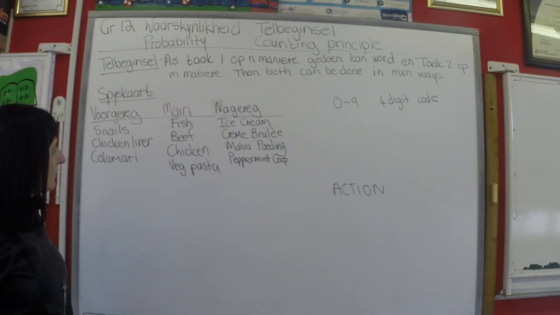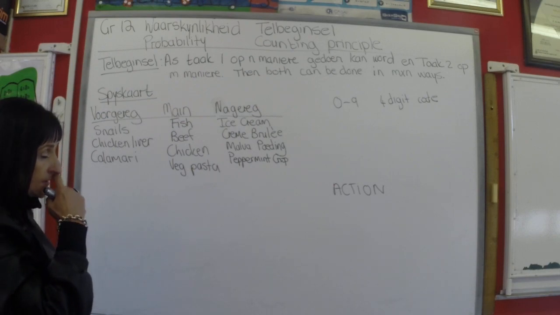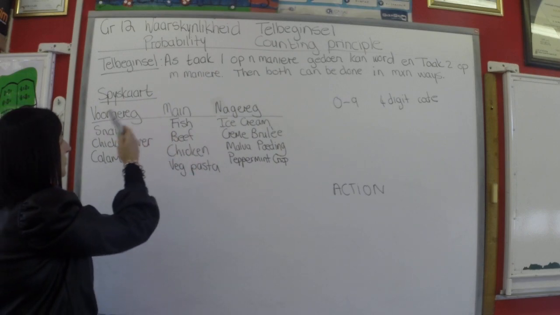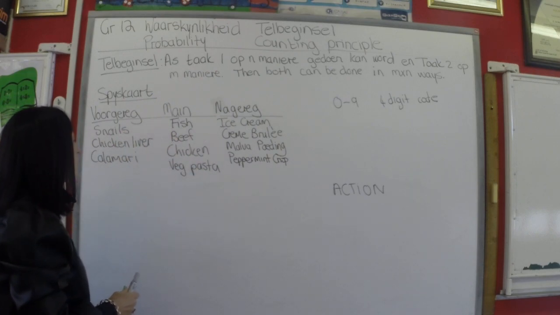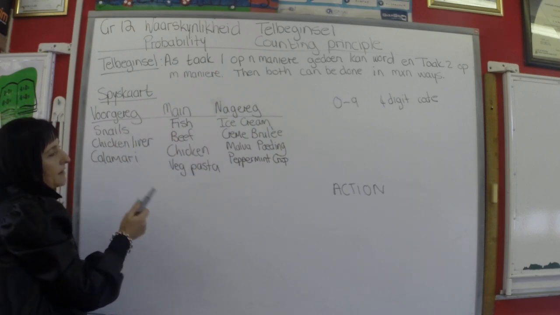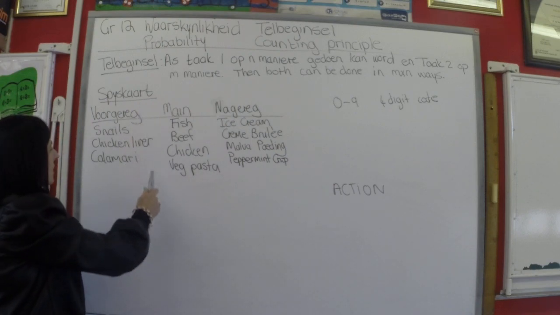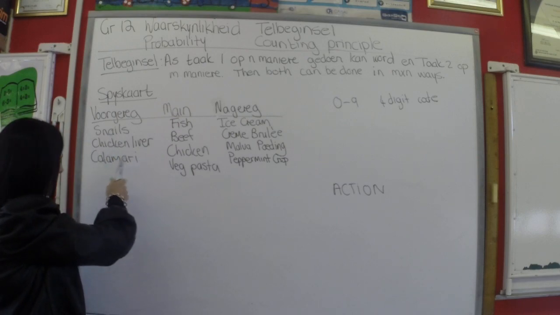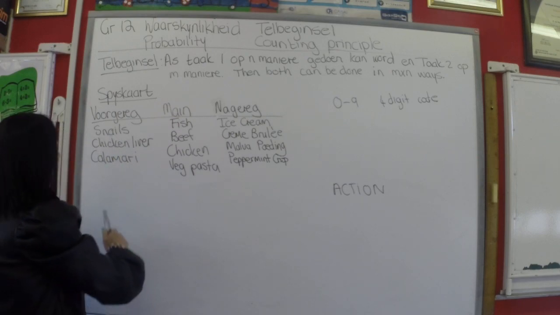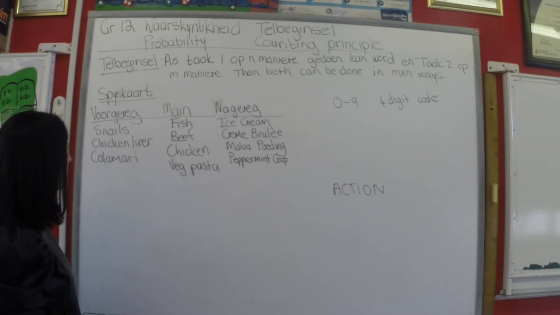So as ons gaan kyk na 'n voorbeeld waar ons dit kan toepas, dan kan ons kyk na wanneer ons dalk gaan uit eet en ons spyskaart lyk as volg. We can have a starter of snails, chicken liver or calamari. That's 3 different starters.